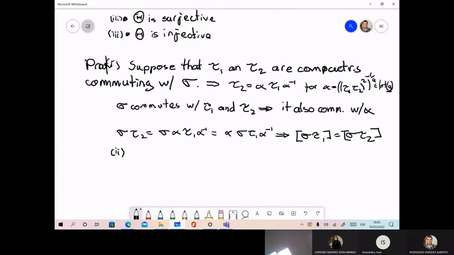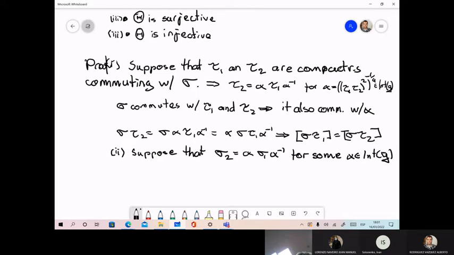Second thing that we have to see is that it does not depend on the choice of a representative in the conjugacy class, and this will prove that capital theta is well defined. So how do we do this? Suppose that we have sigma 2 equals alpha sigma 1 alpha minus 1 for some alpha inner automorphism.